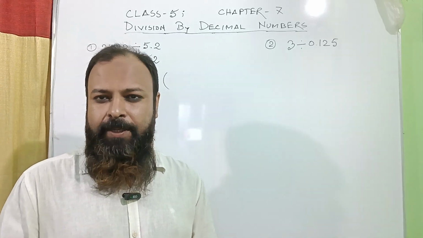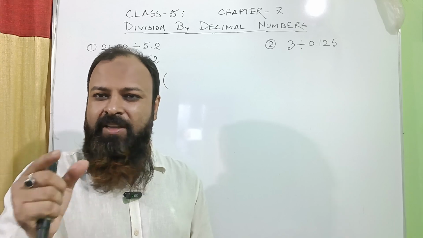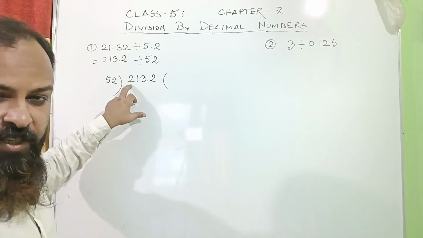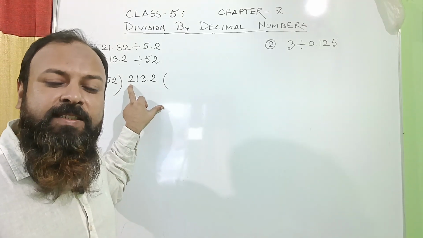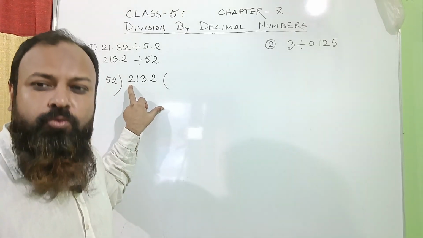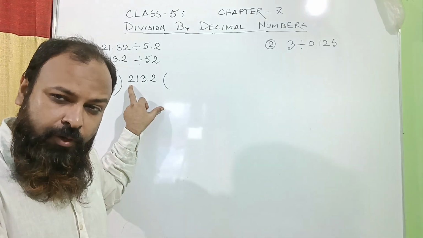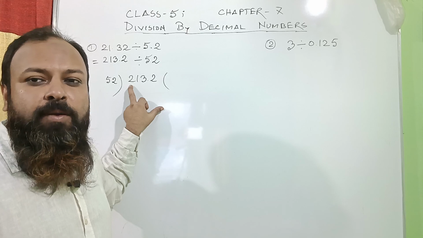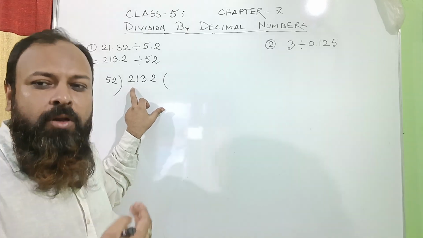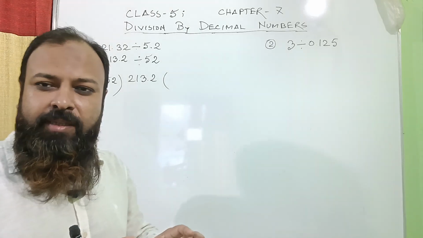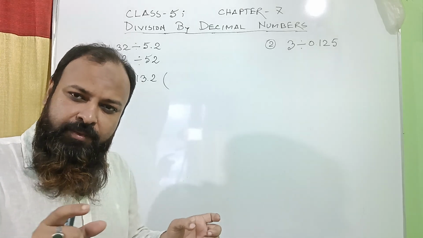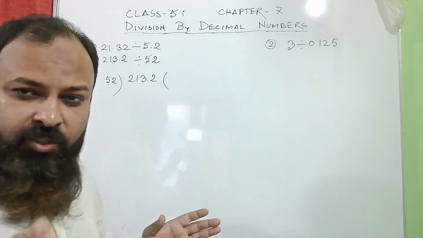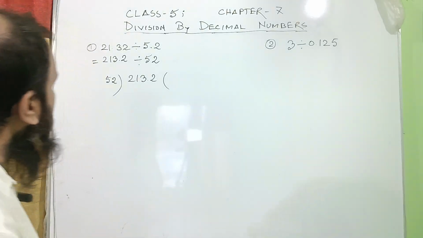So firstly, we have to take the first digit of the dividend. The first digit of the dividend is 2. If this digit is smaller than the divisor, we are to multiply the divisor by 0, or if this is bigger than the divisor, then we are to multiply the divisor by the required number. Required number means you know better.